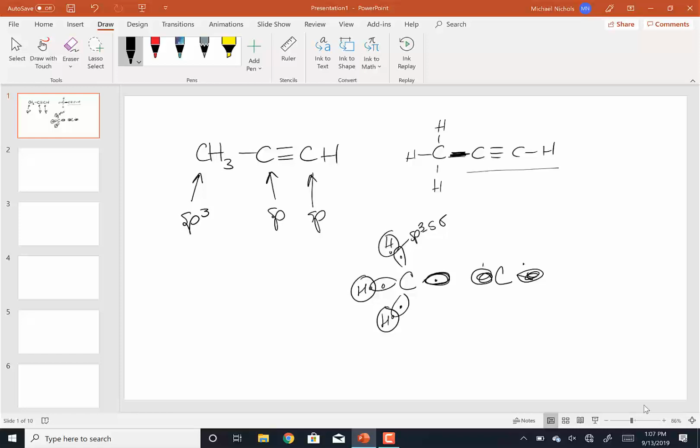Each one of those has an unpaired electron, an unhybridized p, and a second unhybridized p, each having one unpaired electron. So any element that's sp hybridized is going to have the 2 hybridized lobes and the 2 p orbitals. And in this case, since this is a carbon, each carbon's going to get one unpaired electron in each of the lobes.